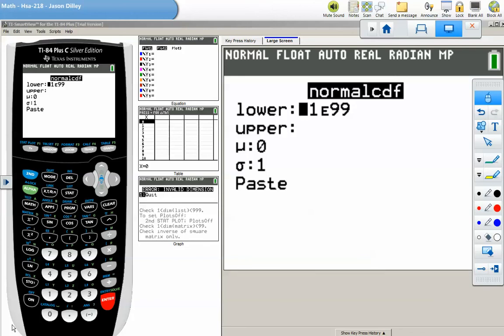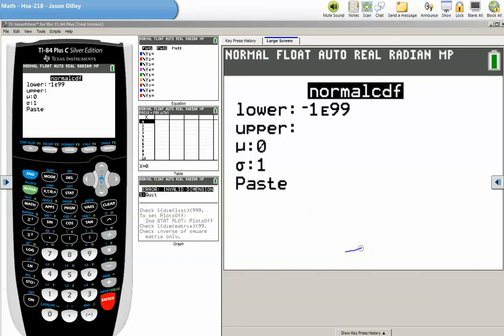So PDF was probability density function, and CDF was cumulative density function. And we're always basically going to be using the CDF. So here's the deal. Remember that we're talking about a normal model here, and the whole point of this calculator function is that it is calculating the area underneath the normal curve.